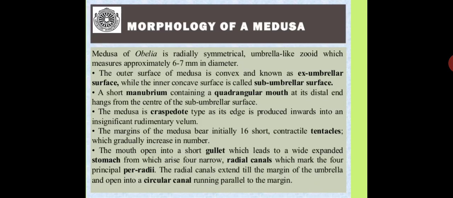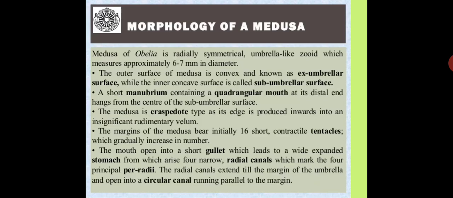The margins of the medusa bear initially 16 short contractile tentacles which gradually increase in number. The mouth opens into a short gullet which leads to a wide expanded stomach from which arise four narrow radial canals which mark the four perradii.